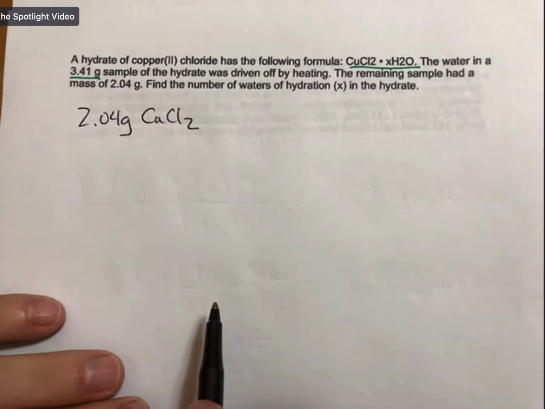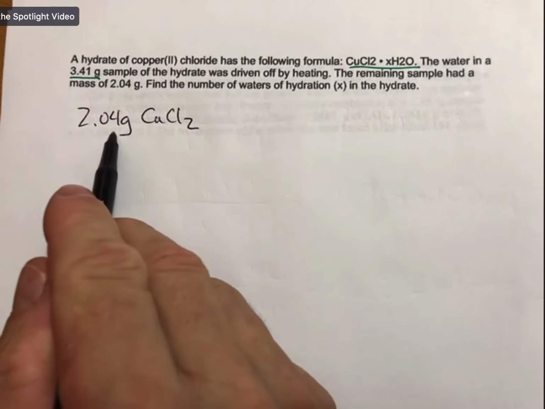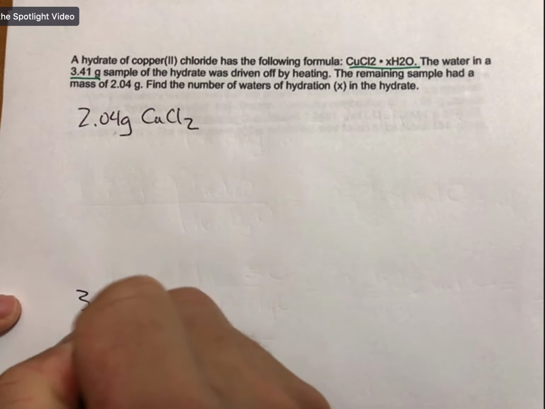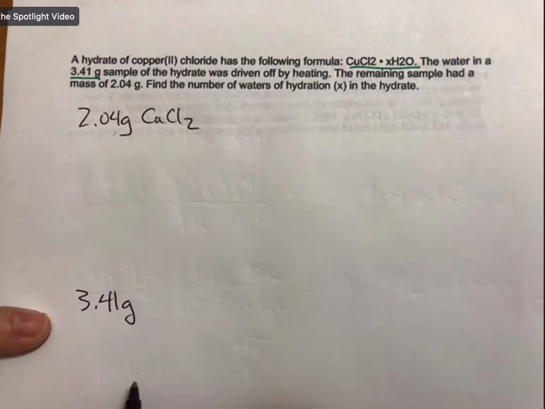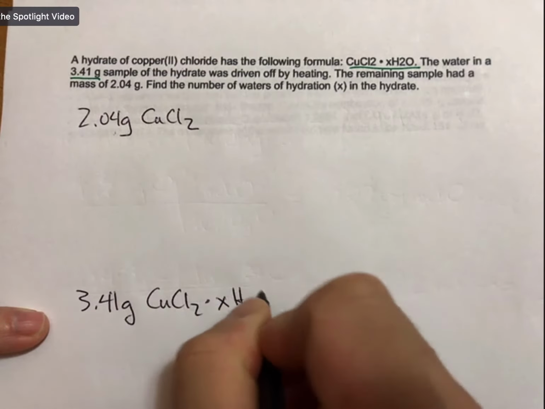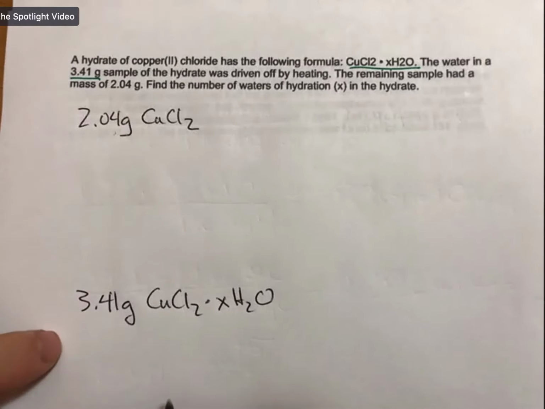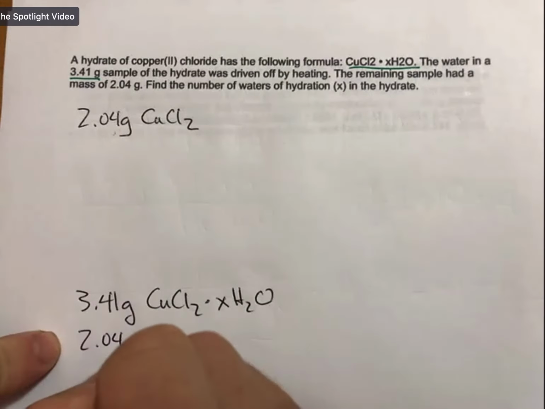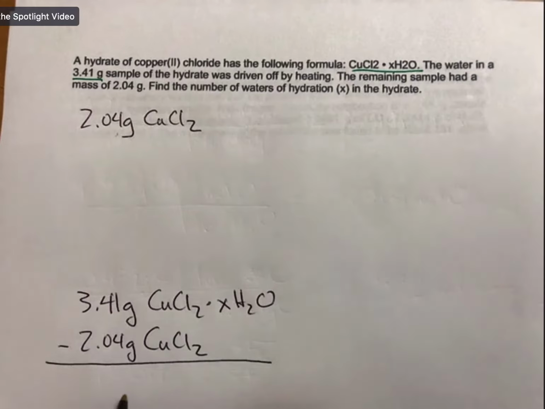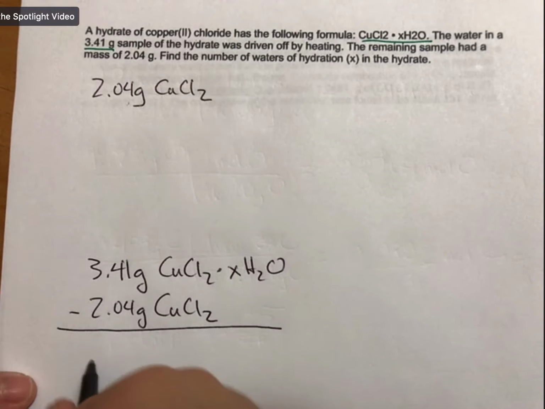And what we also know, and I'll do this work down here so we'll save room to do some more calculations up here, is that if the hydrate is 3.41 grams and the copper 2 chloride is 2.04 grams, then the difference between those numbers is going to be the grams of H2O.